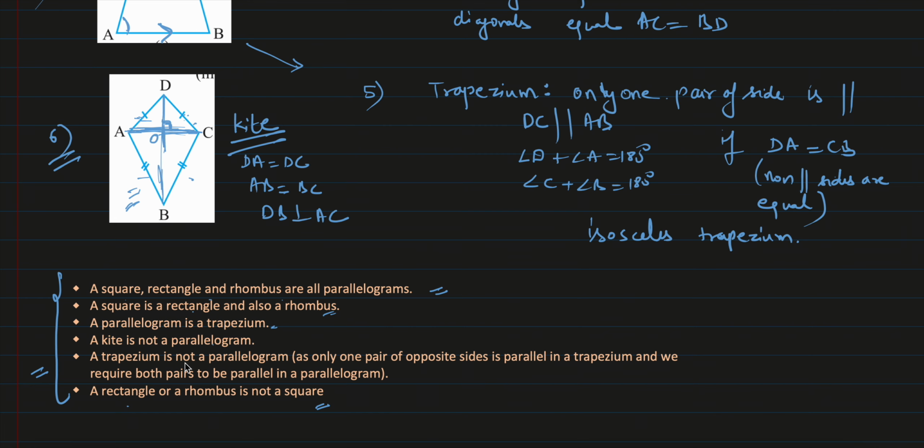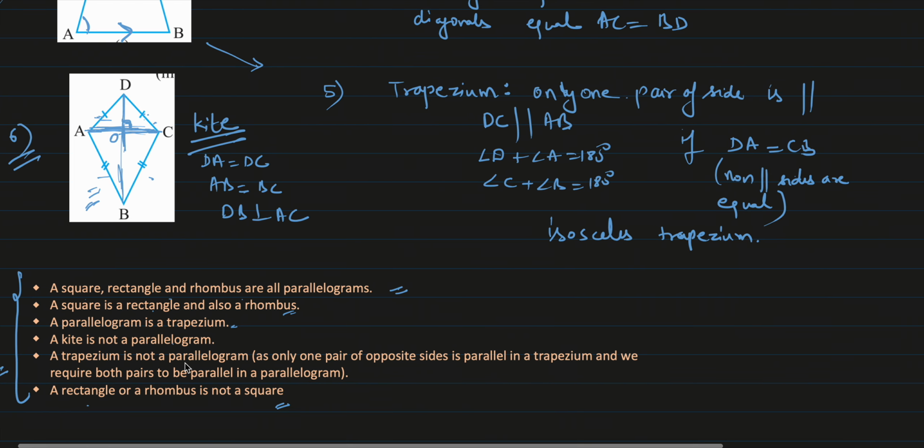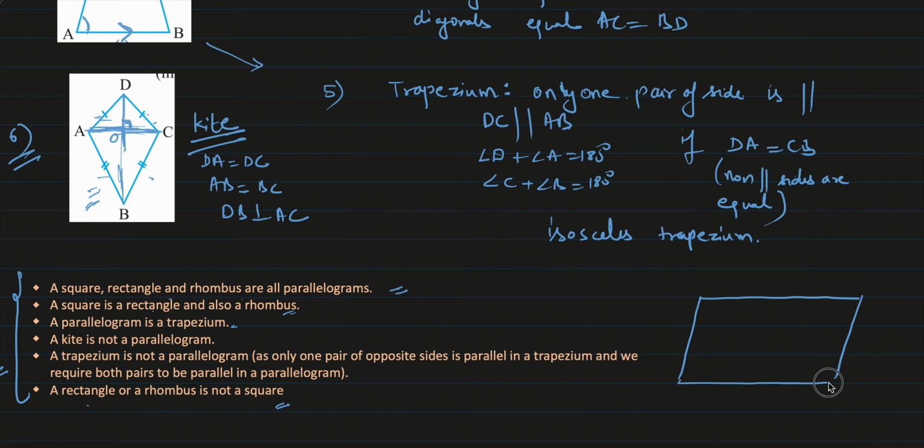Now let me talk about what I missed over there, the diagonals bisecting. So let's take a parallelogram only. So this is the parallelogram. Let me name it A, B, C, D. Students, one more thing: when you name it, you go in sequence only.